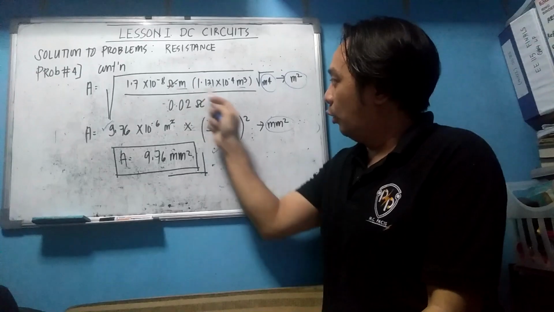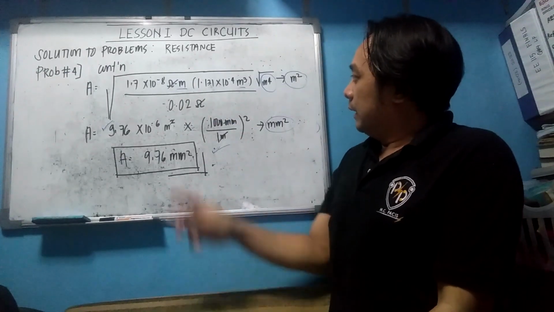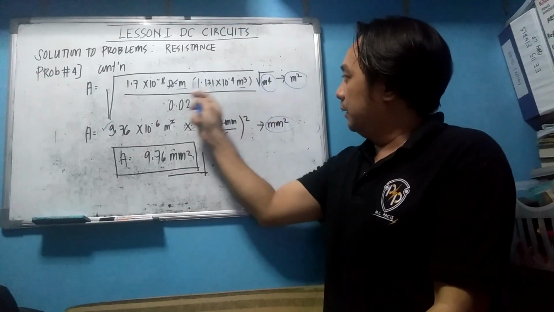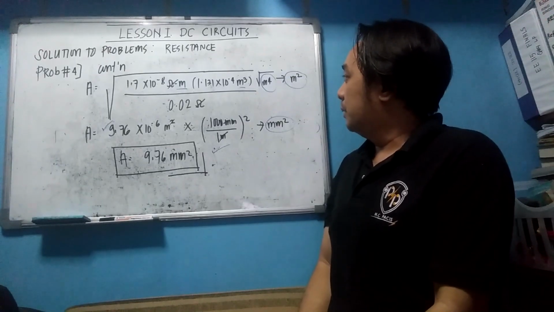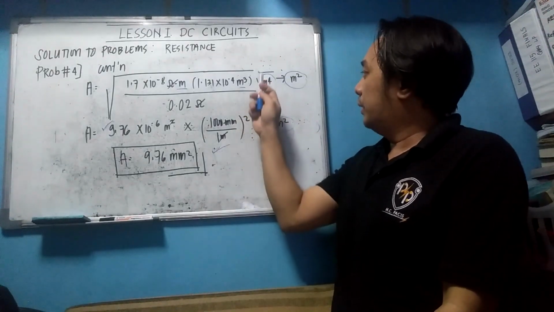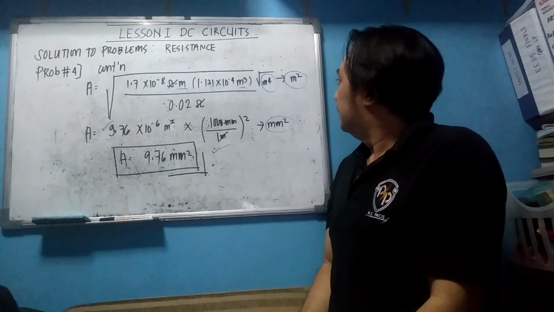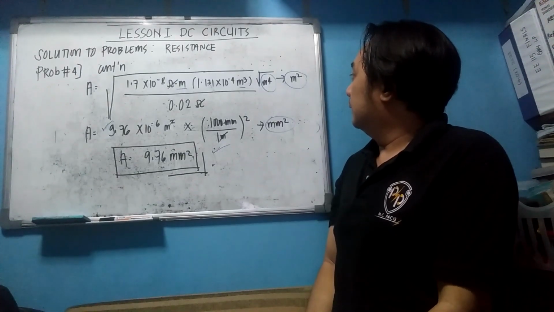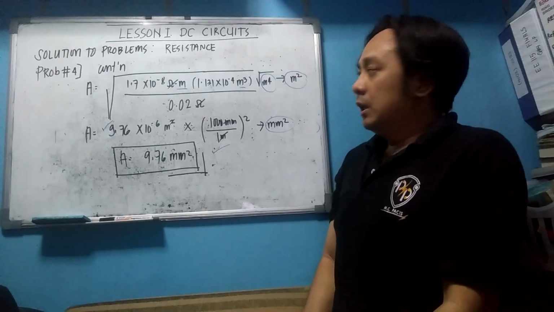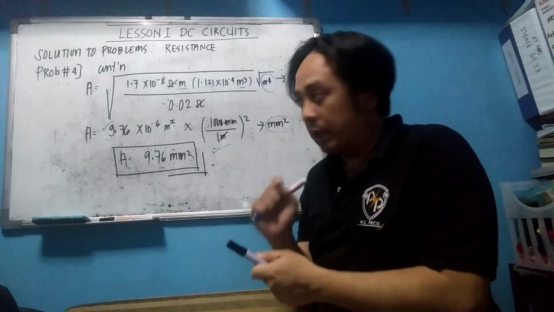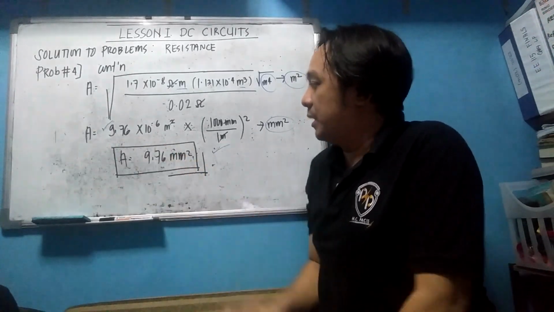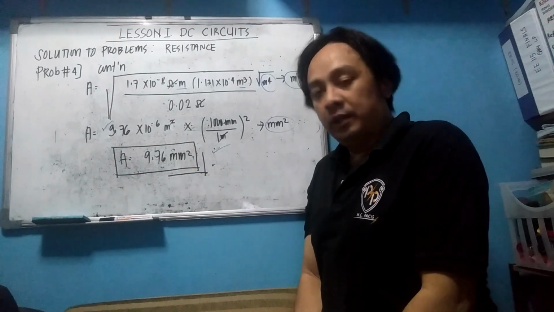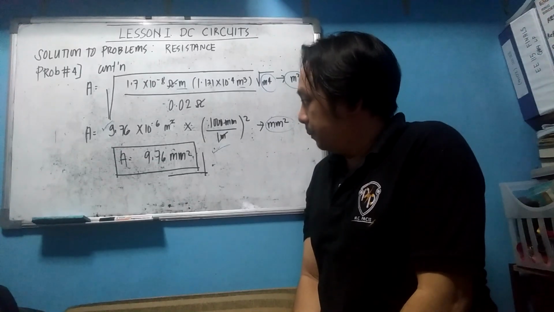The ohms will cancel out, and you can see the remaining unit is meters to the fourth. Get the square root, then you will have the area in meters squared. If you calculate it on your calculator, the answer is 9.76 times 10 to the negative 6 meters squared.